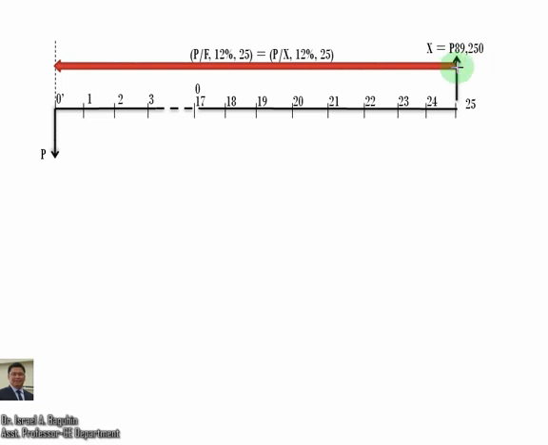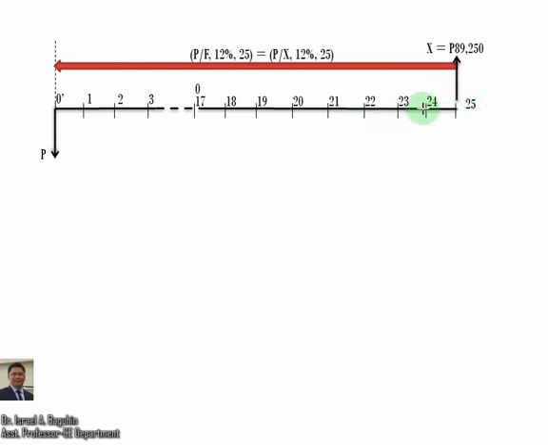So we can use this to get the amount of P, the principal amount deposited by this man to his grandson, with this formula, P given F, with i at 12% and n equal to 25 years.